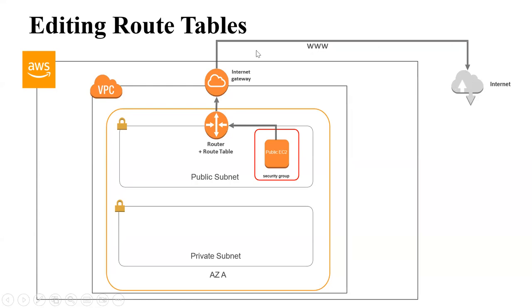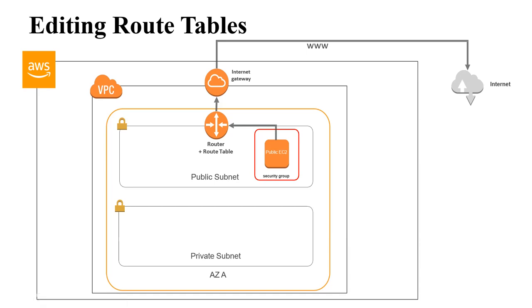The requests coming from the www go through the internet gateway. This routing table is passed to this subnet, the public subnet. With this routing table mapped to it, the EC2 instance can get internet.